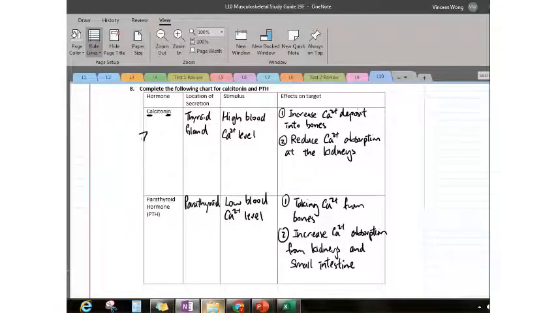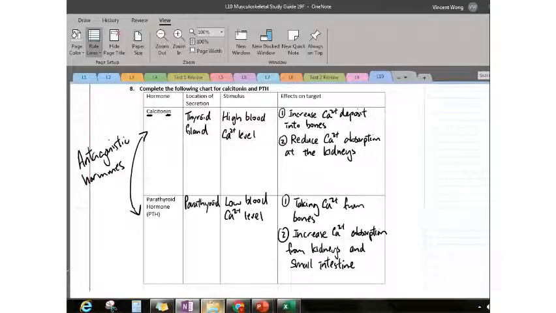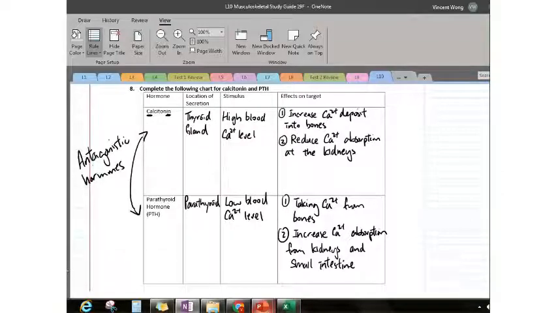So calcitonin and PTH, they are antagonistic hormones. The other antagonistic pair that we learned in lecture 9 was ANH, anti-natriuretic hormone, and aldosterone, and those maintain blood pressure. And here the calcitonin and PTH is another antagonistic pair, and they work against each other to maintain blood calcium level.